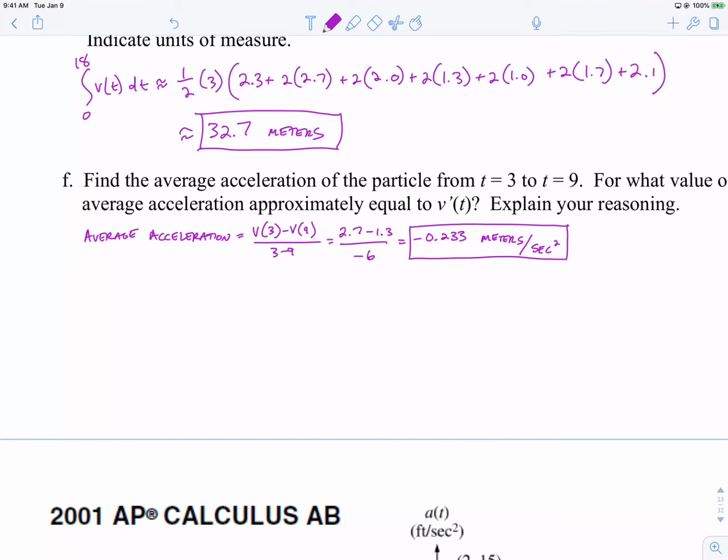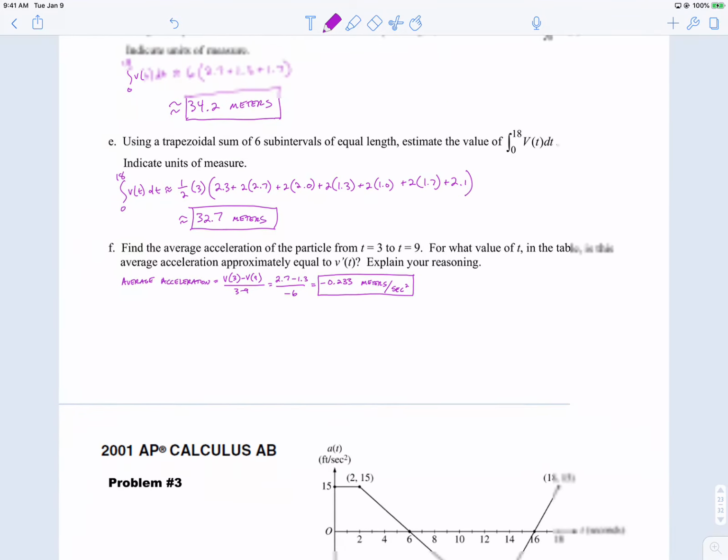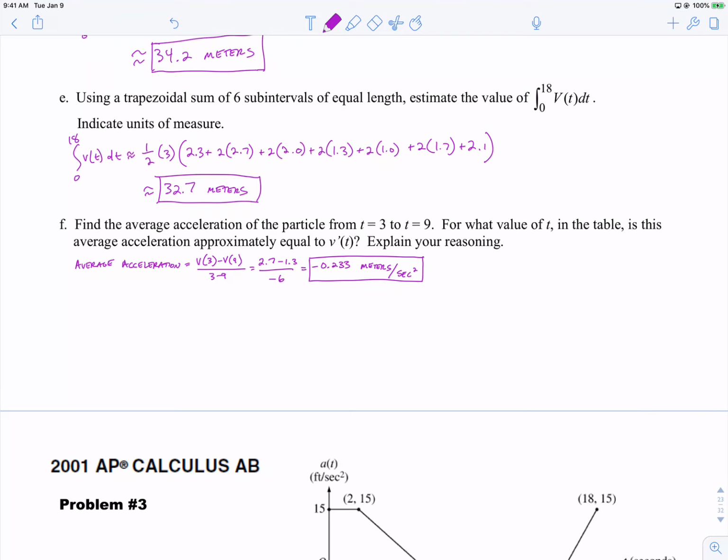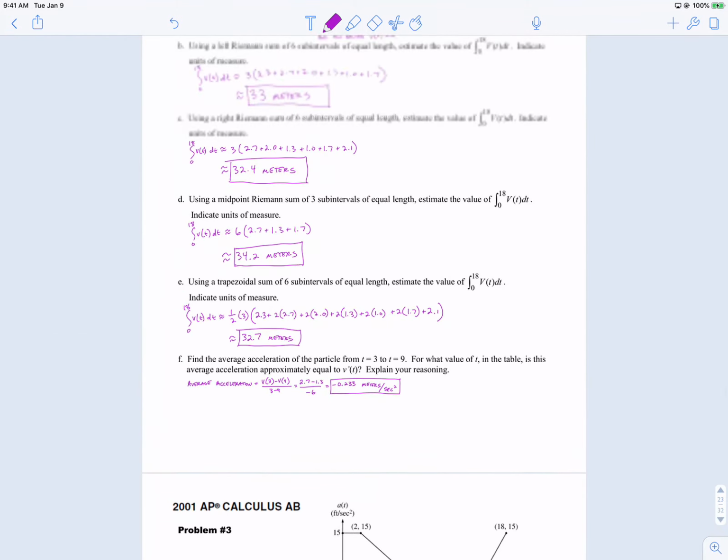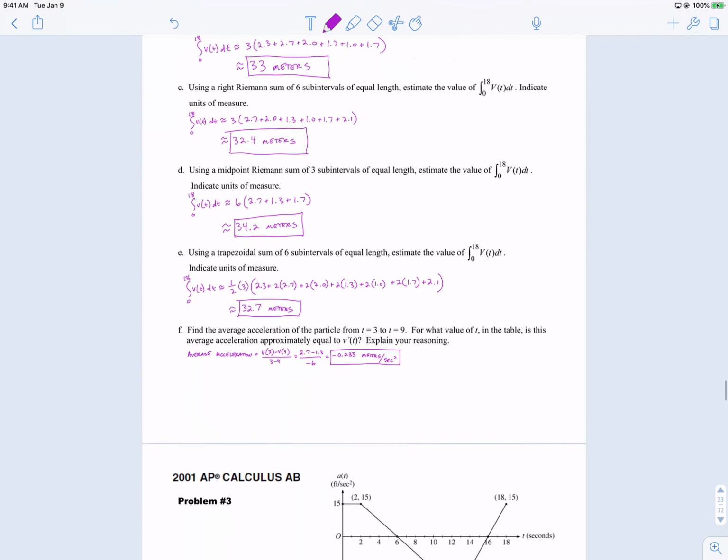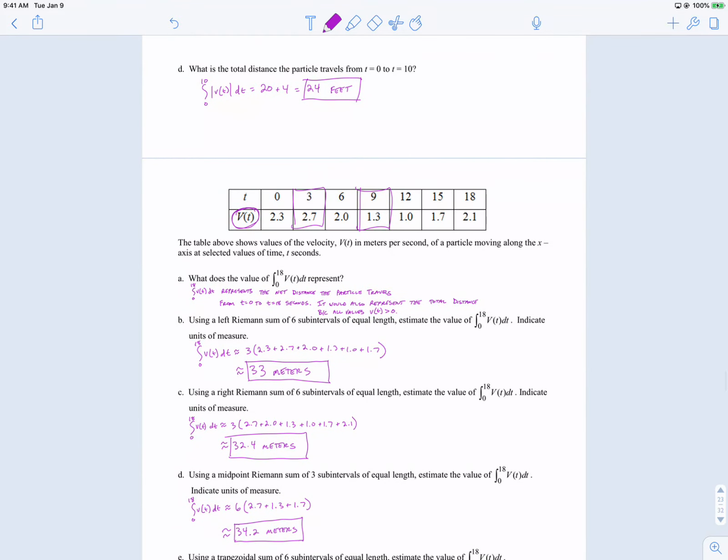So then what they want us to do for what value of t in the table is the average acceleration approximately equal to v prime of t. What did we get here? Negative 0.233. So, all right.